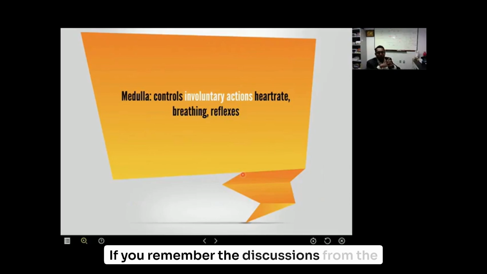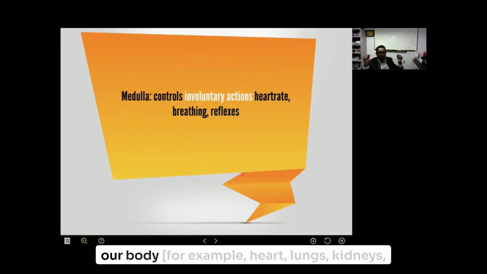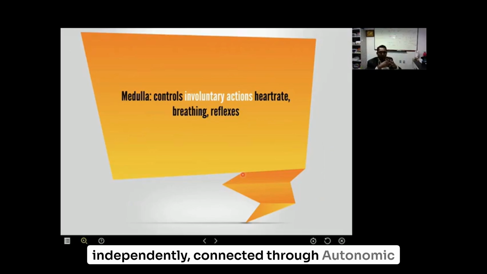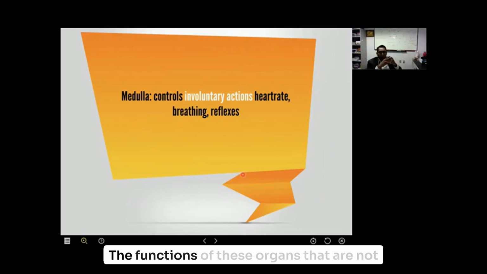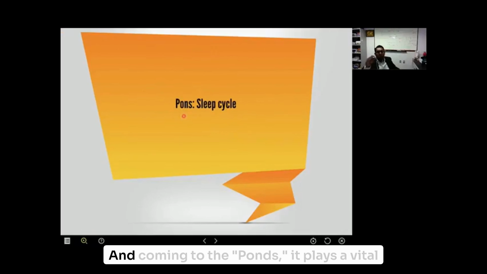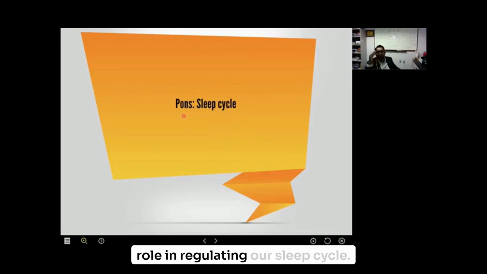What the medulla does is it controls involuntary actions. If you remember the discussions from the other video about how most of the organs in our body, for example heart, lungs, kidneys, liver, all work independently, connected through the autonomic nervous system, right? The functions of these organs that are not under our control are controlled by the medulla. And coming to the pons, it plays a vital role in regulating our sleep cycle.